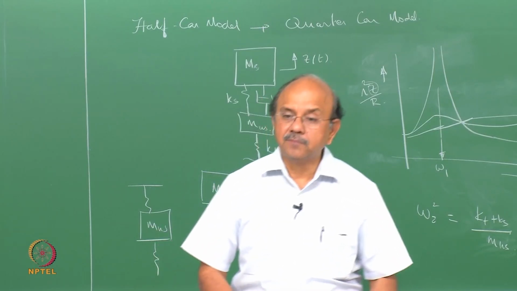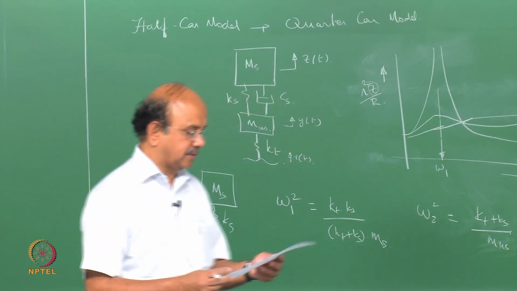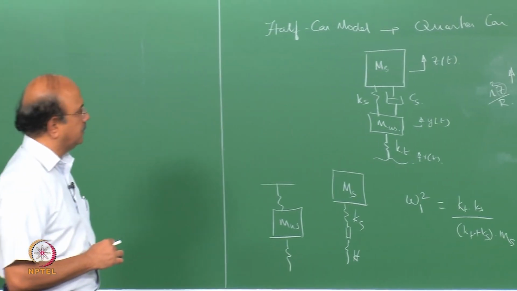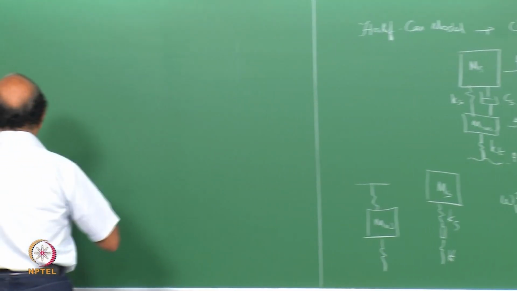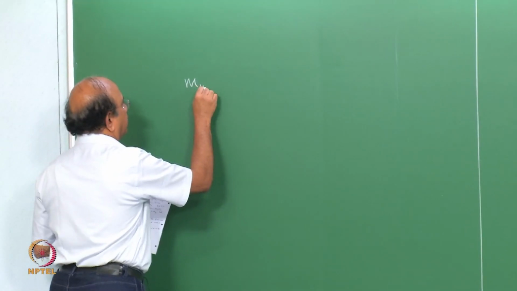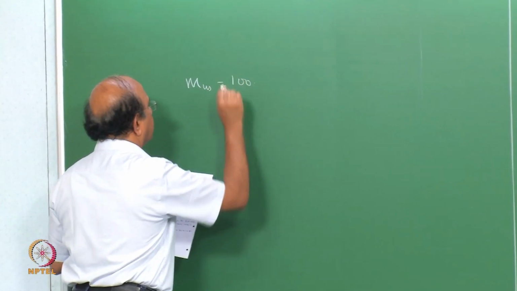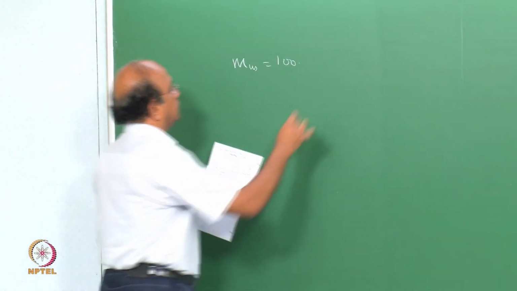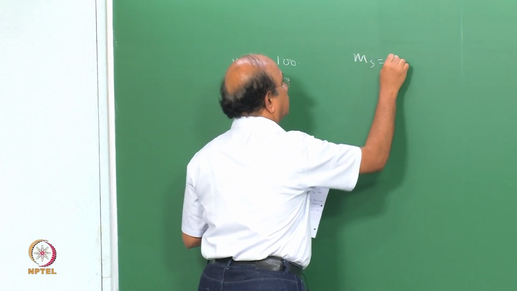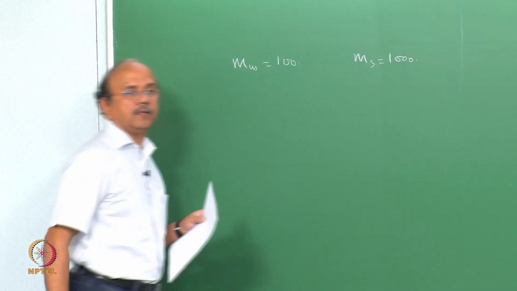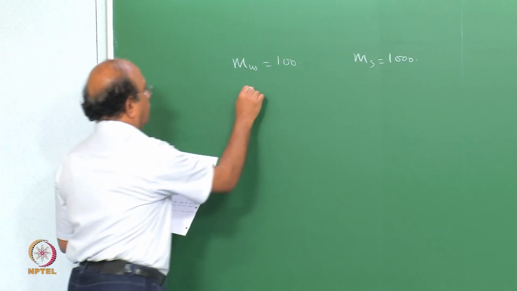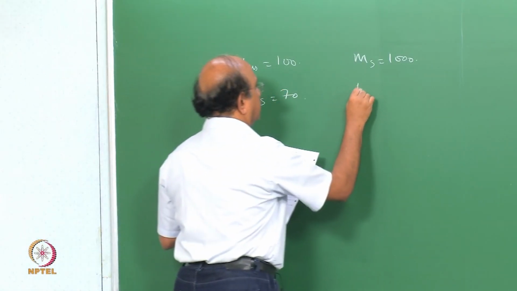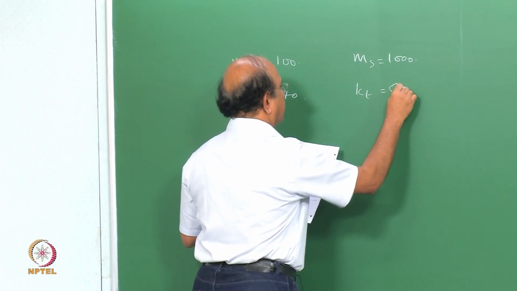We'll look at some typical results, just to understand these factors. For example, for a typical car, taken from one of the textbooks, let's say that unsprung mass is 100 kg. The sprung mass is 1000. Ks is equal to 70. Kt is equal to, say, 560.